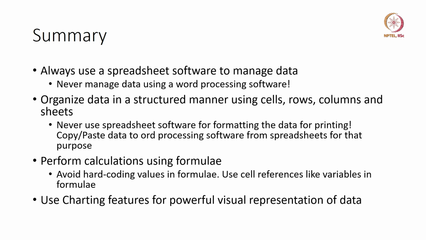And finally, use charting features for powerful visual representation of the data. Because when you are trying to analyze the data, you would like to summarize it and look at it in the form of pictures. Sometimes even without doing the pictures, you can do, as we saw, powerful analysis using slice and dice. There are plenty of other nice features, called pivot tables.